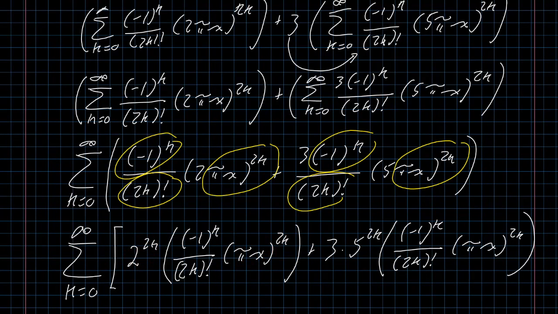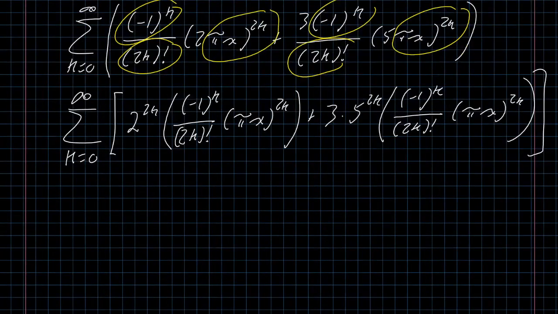I did the same thing over here on the second one, taking my 5 pi x and splitting it up as 5 and pi x, and then just using the commutative and associative properties to get a couple of things out of the way. And I need a closing bracket on that still, so let's fix that real quick. Then I can factor out all of the stuff in parentheses.